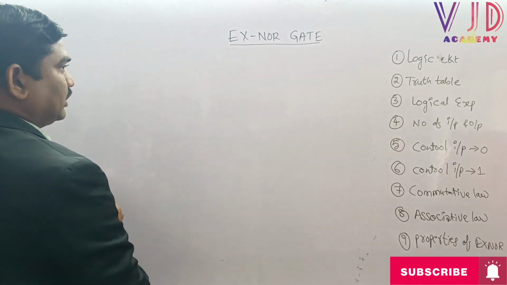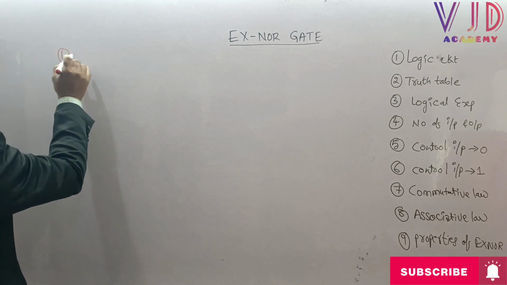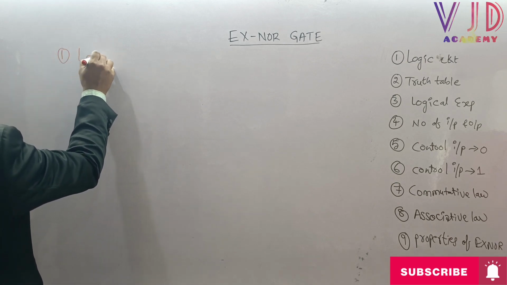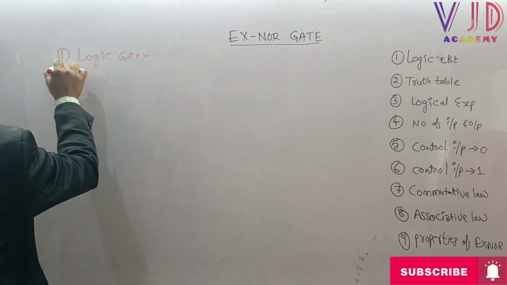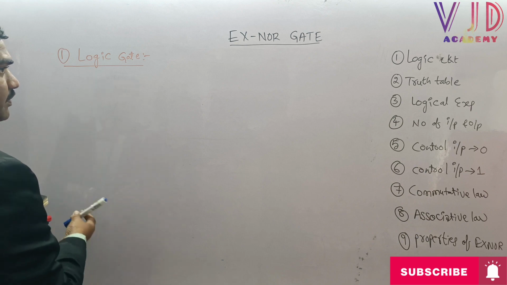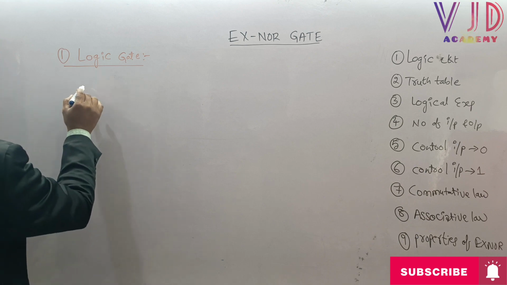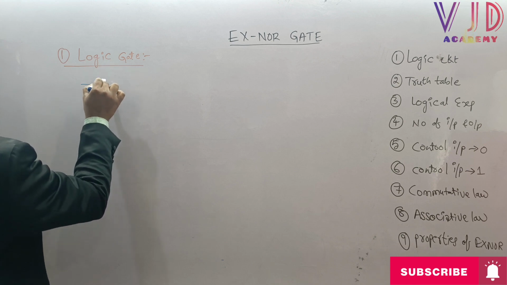Sir, here is the logic gate of XNOR, the symbol of the logic gate or logic circuit. The symbol of the XNOR gate is like this. We have seen the XOR gate.